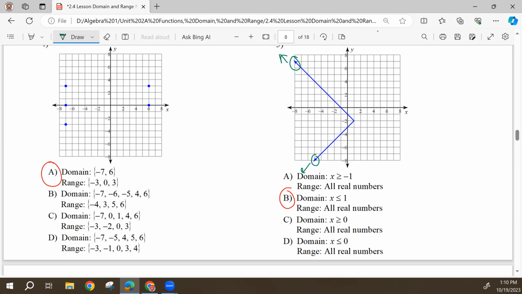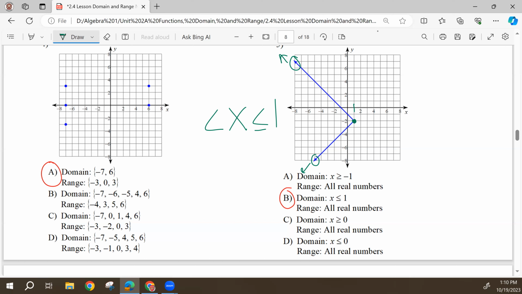When we look at our domain, if we start this way every time, we can see that we only go over this far to the right, which is 1. So we don't have any x values that are bigger than 1. And since there's an actual point there, we can put the little line underneath, equals to. We have a point on this line that has an x value of 1.